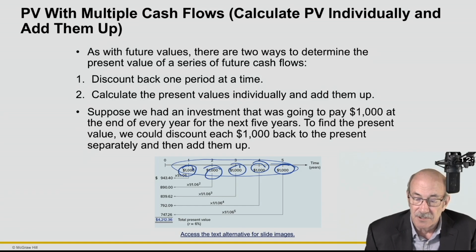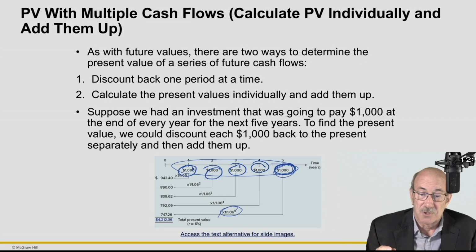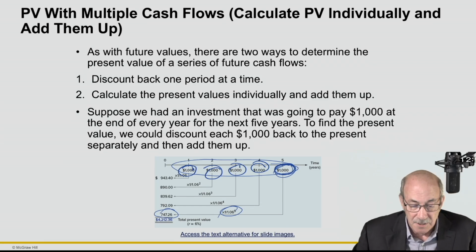So if we take this $1,000 5 years out, at, let's see, we're looking at 6%, I believe this is. So when we do that, the value of that is $747.26.